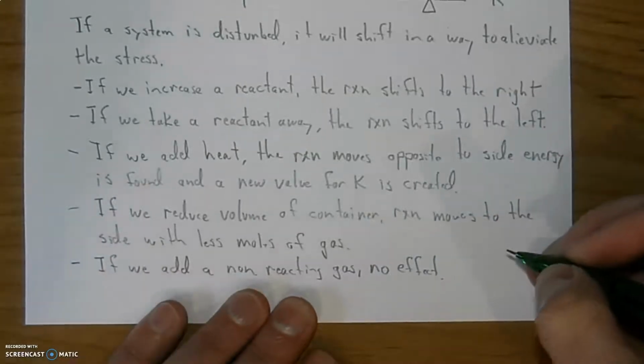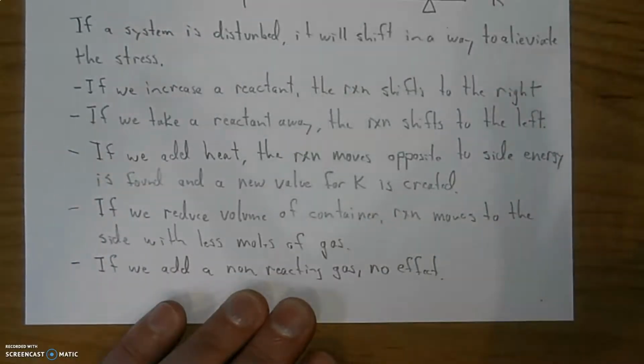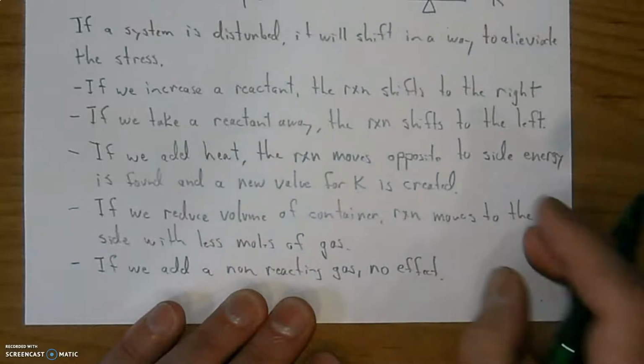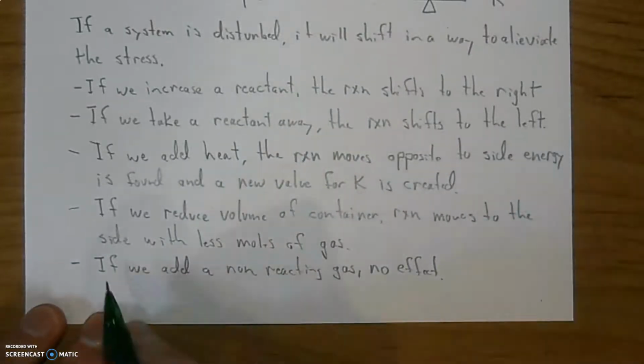When you add a non-reacting gas, remember the law of partial pressures, they all just behave independently, so it doesn't even seem as if it's there. So there's no effect at all. If we add a non-reacting gas, no effect.